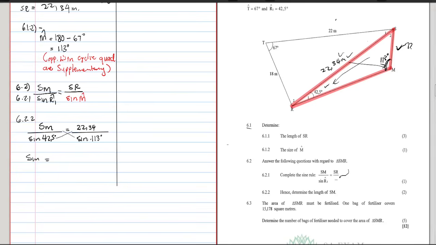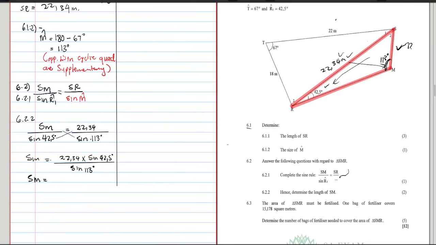After cross multiplying, we end up with 22,34 multiplied by sine 42,5 degrees, everything divided by sine 113 degrees. So that is SM equal to 22,34 multiplied by sine 42,5 divided by sine 113.